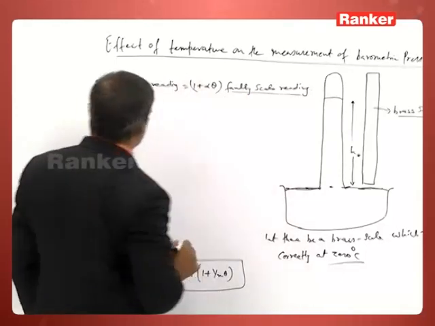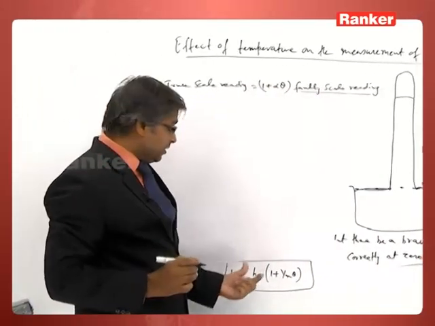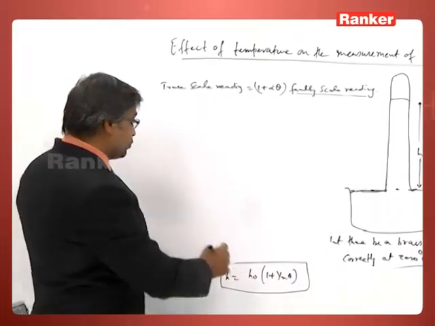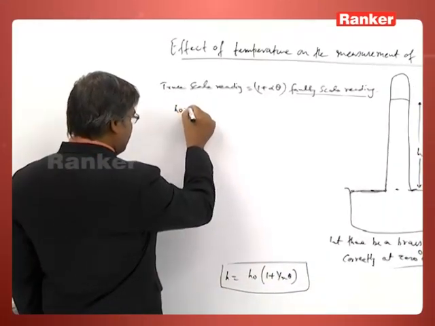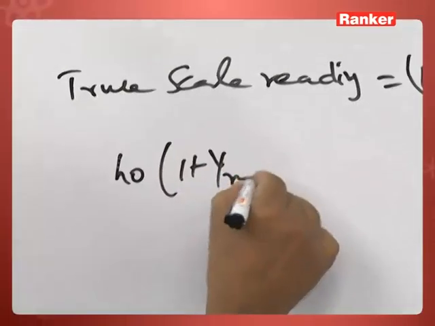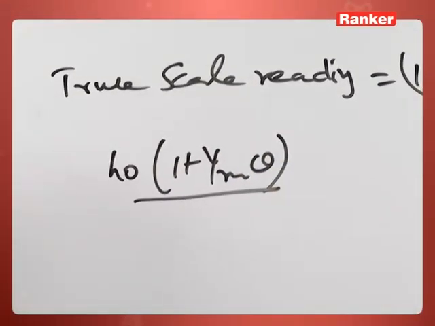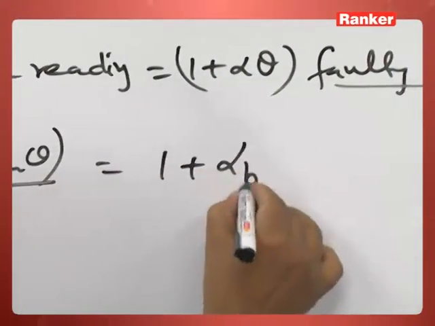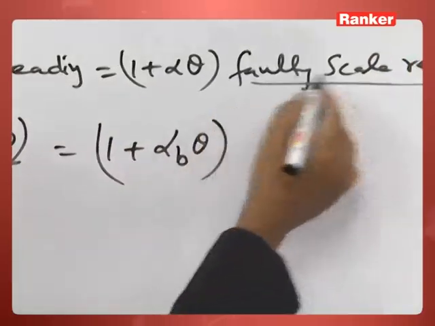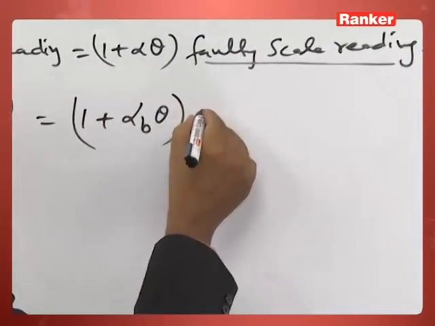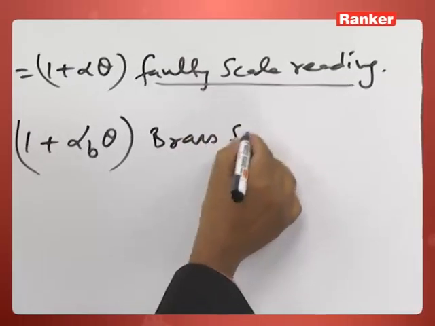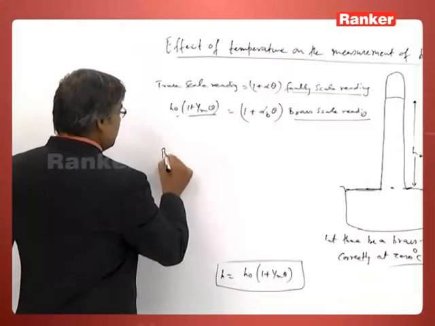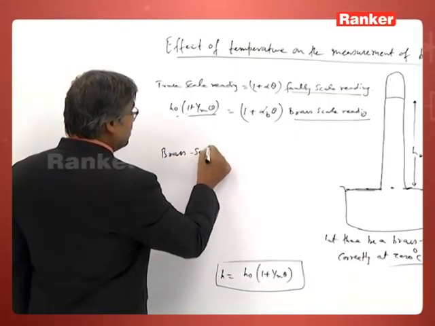The actual height at theta degree centigrade after the expansion of mercury is h naught into 1 plus gamma m into theta. This is the true reading, and it equals 1 plus alpha brass theta times the faulty scale reading, that is, the brass scale reading.